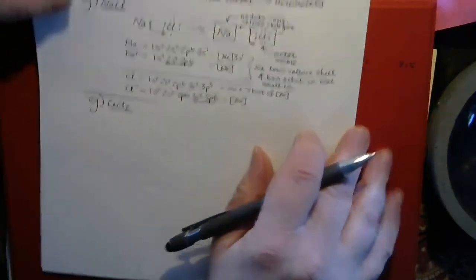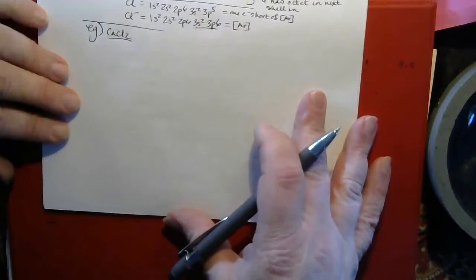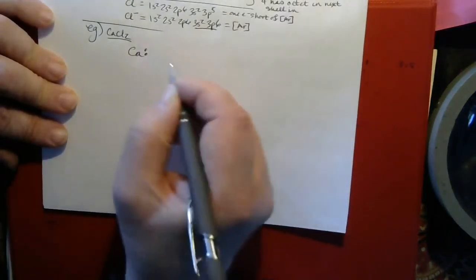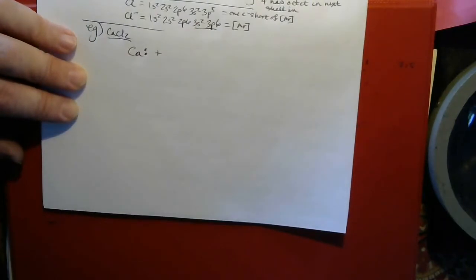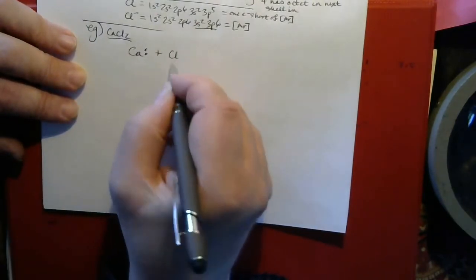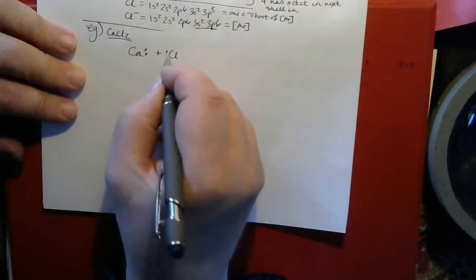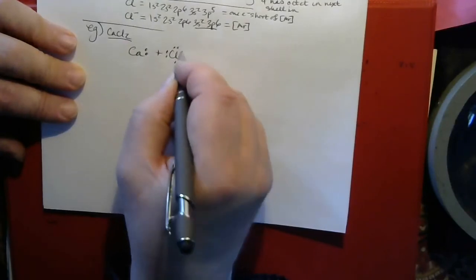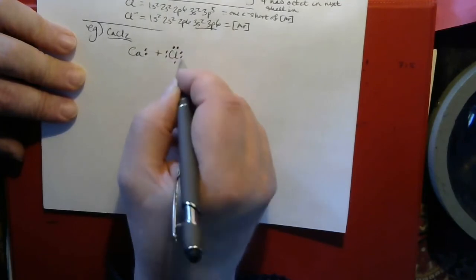If you look at something a little different, like calcium chloride, we find that we have calcium with 2 valence electrons, and we're combining it with chlorine, each of which has 7 valence electrons. So each chlorine only needs 1 more electron.